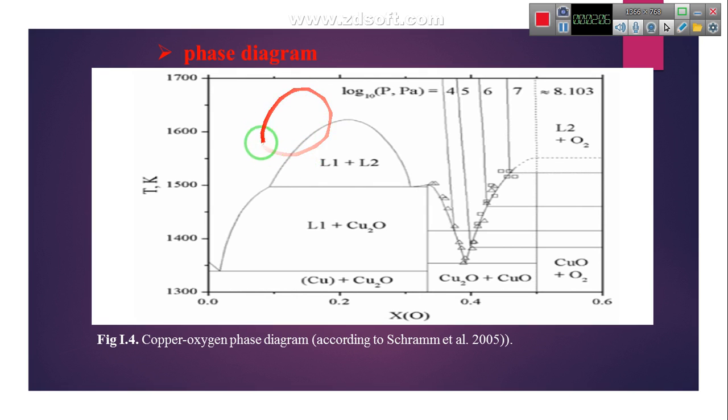Phase diagram. Concerning the phase diagram, the Cu-O system has many distinct phases, but only two are thermodynamically stable.